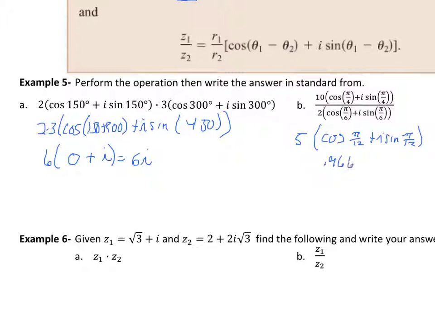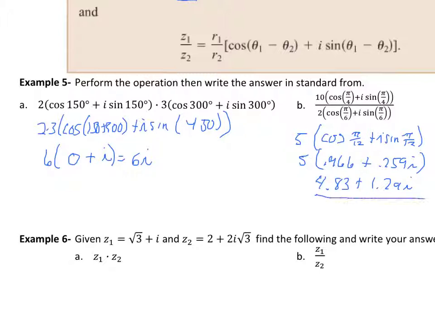Then what's the sine of pi over 12? 0.259, and that's an i. Now times them both by 5. First one was 4.83. Next one, 1.29. There we go.